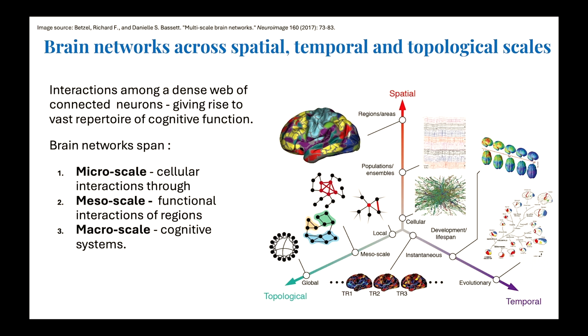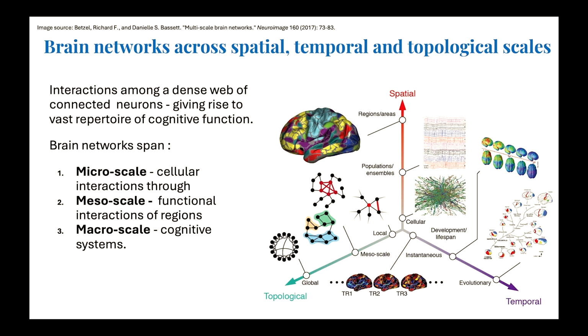If you are a systems neuroscientist, you may be interested in the population level or the level of neural ensembles, and if you are a cognitive neuroscientist like me, you may be interested in the level of brain regions and brain areas. These are spatial scales separated by many centimeters and also levels of organization.